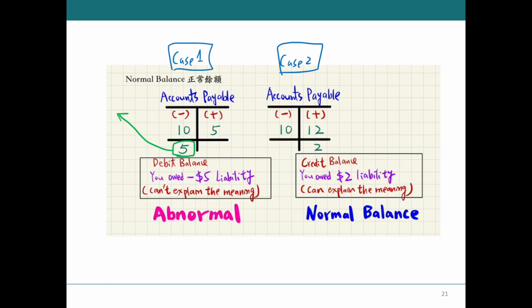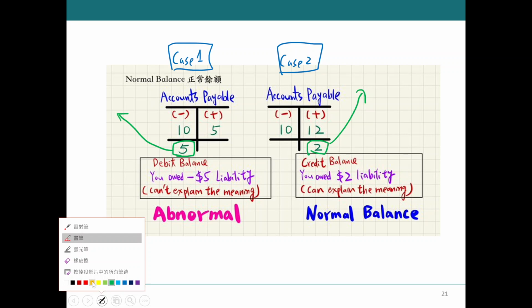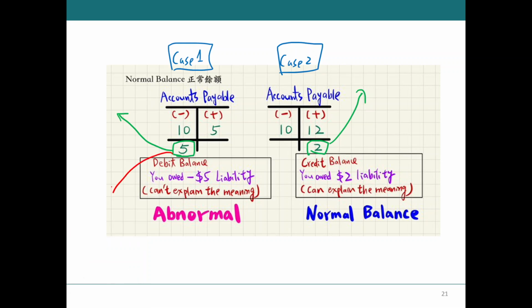So how about case 2? I have that $2. So that $2 we call ending balance. Also we call it credit balance, okay? So for these two cases, which one do you think is maybe correct? For that $5, does it mean plus $5 or minus $5?